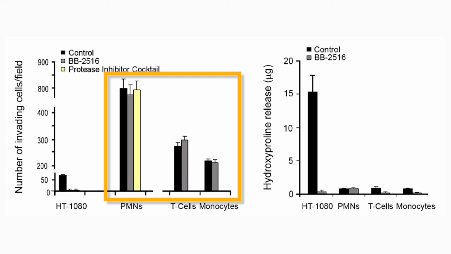So the PMN cells, the T cells, and the monocytes are completely uninhibited and have no problems, even if you add an inhibitor to them, because that inhibitor is not going to block anything that they actually use to migrate through, which is not the case for the cancer cells.